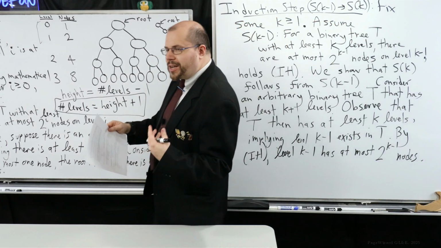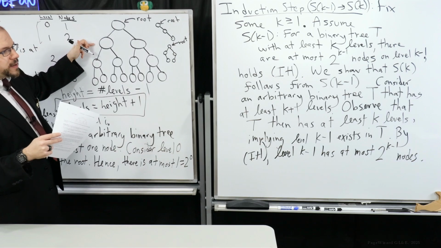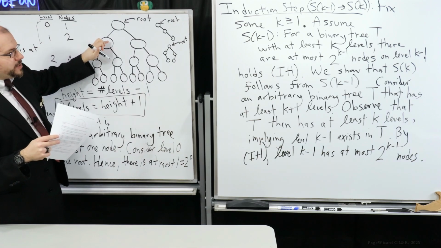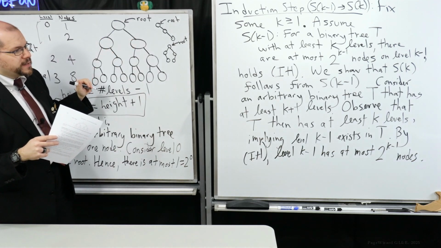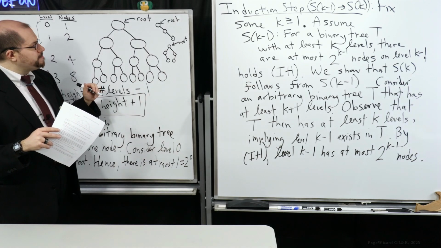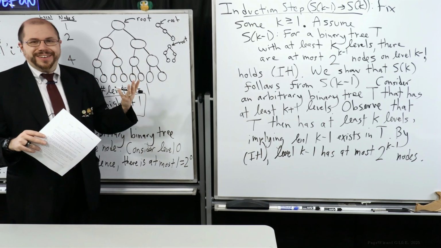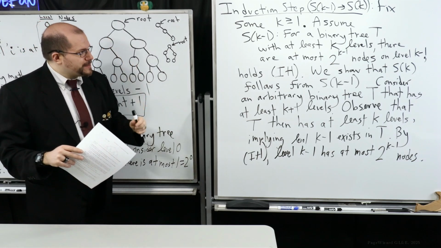But let's go back to what we were thinking about when we were trying to prove S of 1. Why did we say that there was at most 2 here? How did we know that fact? It's because it's a binary tree, right? We have at most how many children? At most 2.